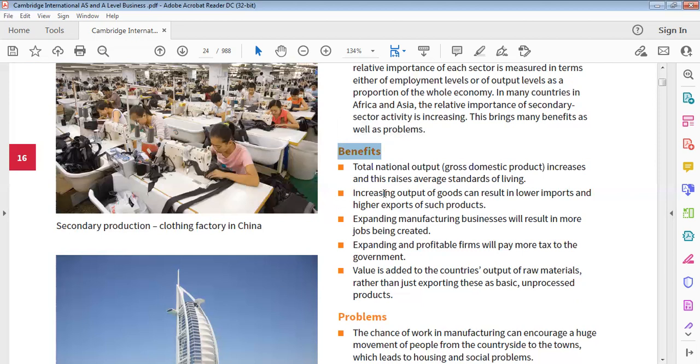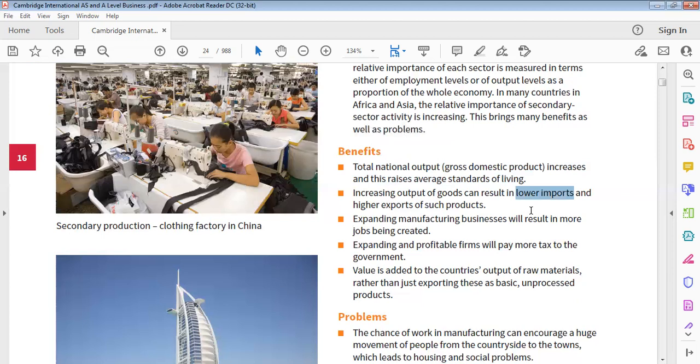The second one is that when you increase your output, it results in lower imports. When India started manufacturing their own cars, called Maruti, they stopped importing Toyota from Japan, and that is a good thing for the country, because more imports mean bad, because your money is going to Toyota, going to Japan.